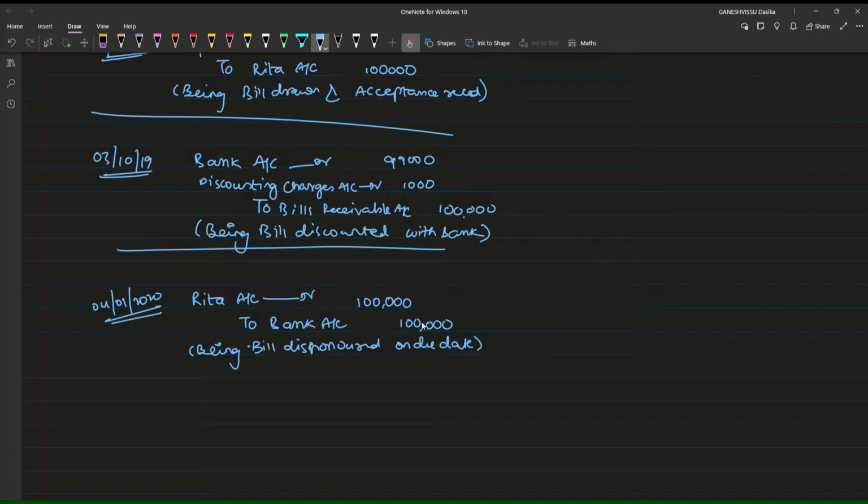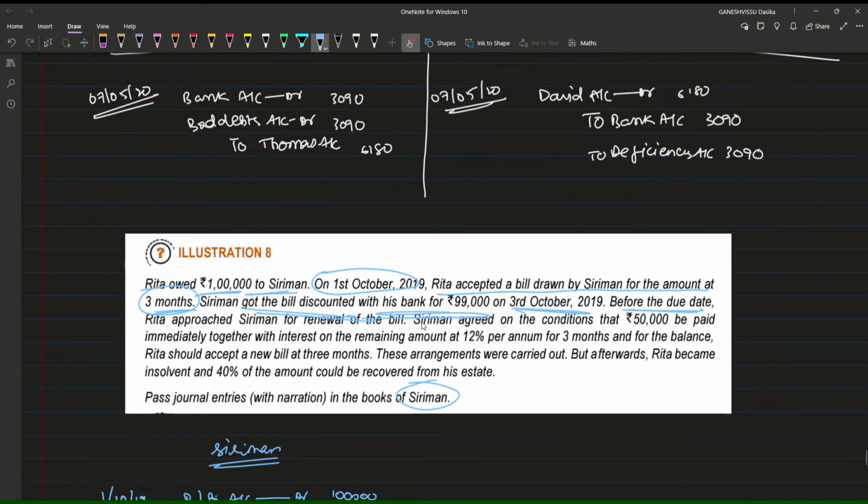So what is Rita asking Siriman to do? Rita approached Siriman for renewal of a bill. Siriman agreed on the condition that 50,000 is to be paid immediately, together with interest on the remaining amount at the rate of 12% per annum for 3 months. That means Siriman is again drawing a bill of exchange for 3 months.